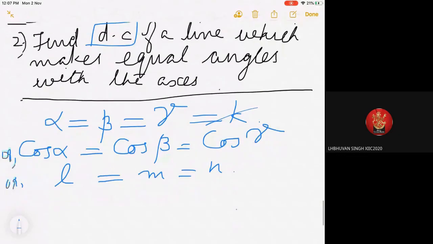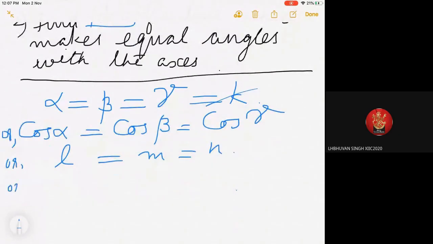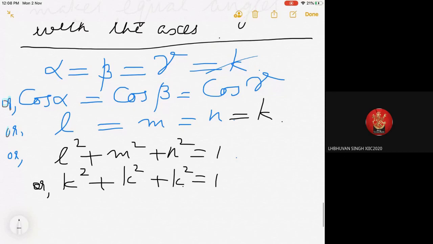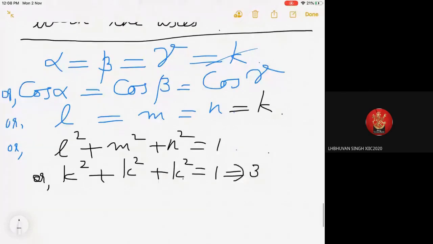Now how to get L, M, N: you have the identity. What is the identity we are studying now? It is L square plus M square plus N square equal to 1. So let these all be equal to K. We can write K square plus K square plus K square is equal to 1. That means 3K square is equal to 1, so K equals plus or minus 1 by root 3.